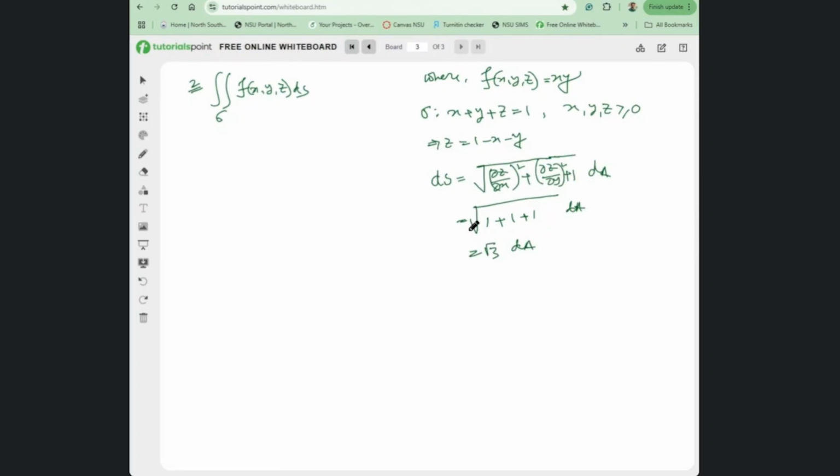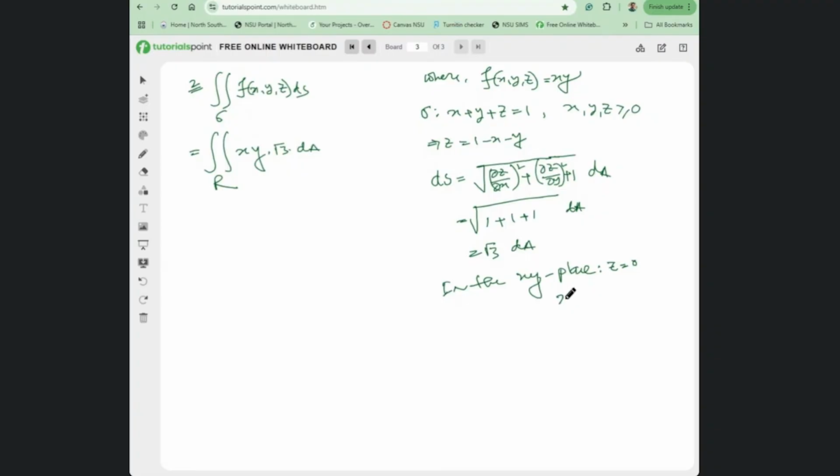Now if we find the area, let me write down the transformed problem. xyz becomes xy, and ds becomes square root 3 dA. Now the question is what will be R. R will be in the xy plane, so z equals 0.